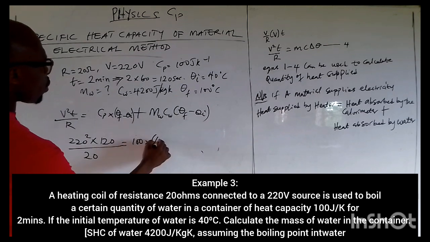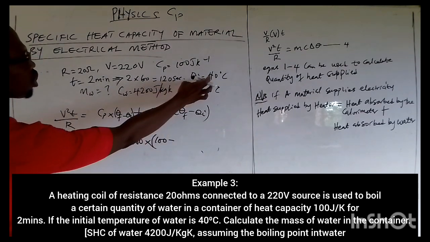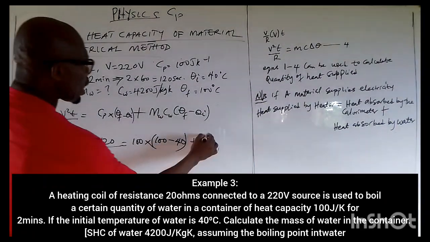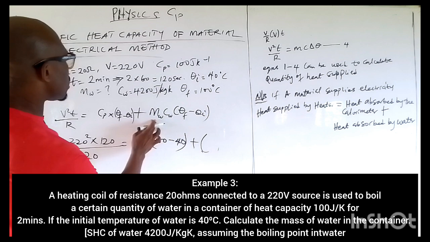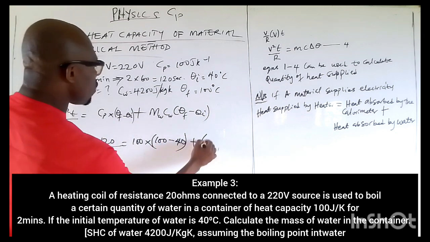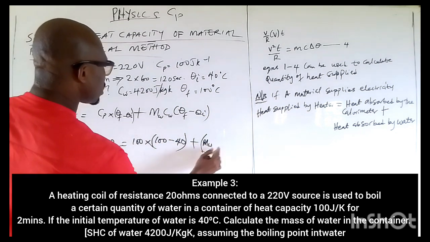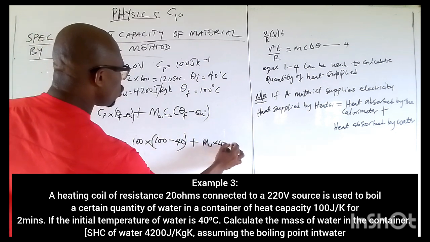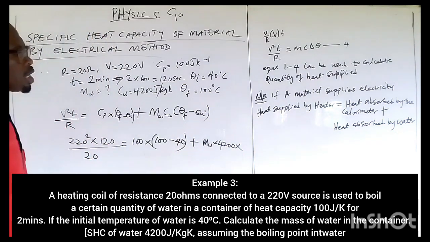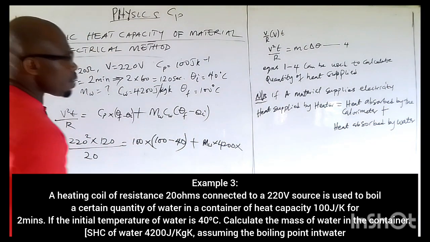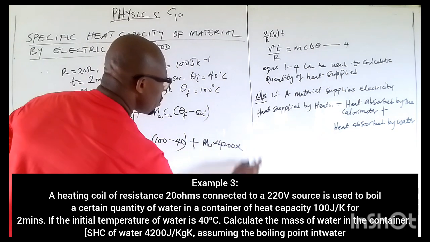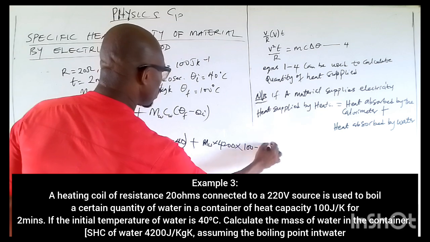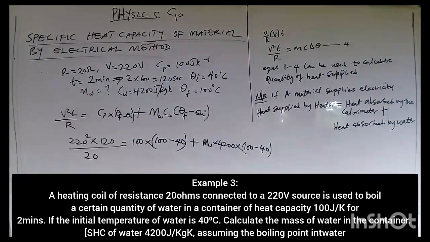Final temperature is the boiling point minus the initial temperature of the mixture, which is 40, plus mass of water, what we are looking for, times specific heat capacity of water, 4,200, times the temperature change. The temperature change is final, 100 minus 40. So, we now have this.